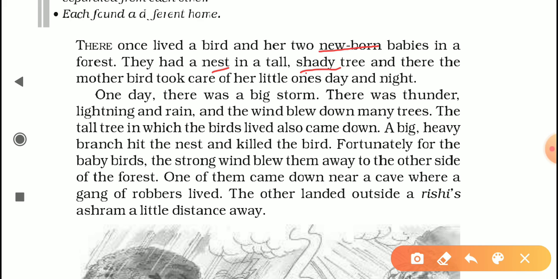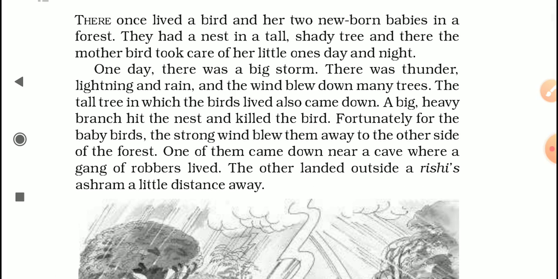Shady means very leafy. There are so many leaves in that tree that it provides shade, chaya. And in this tree in the forest, the mother bird took care of her newborn babies day and night, just like our mothers do.